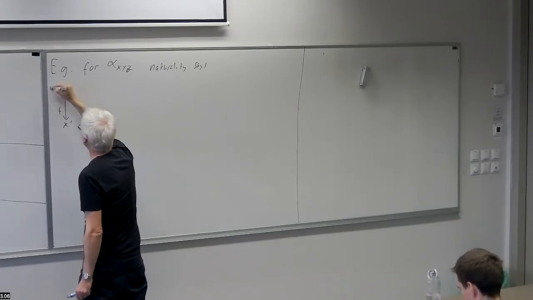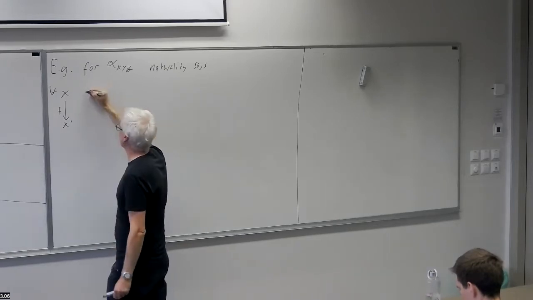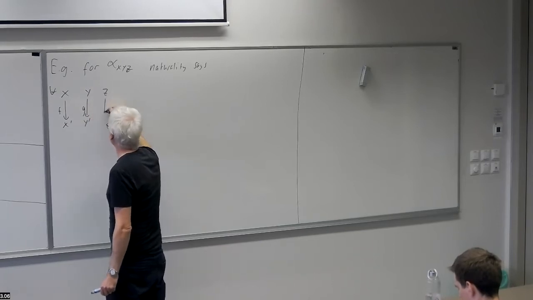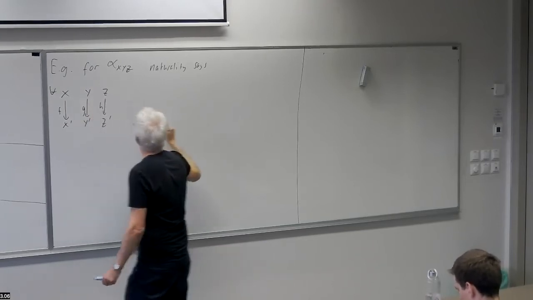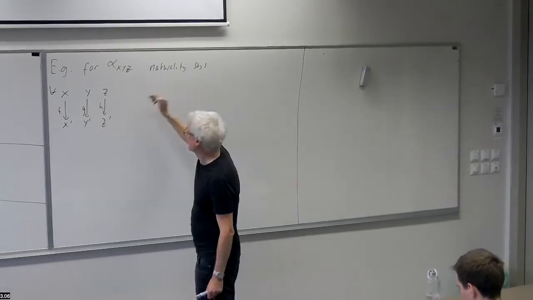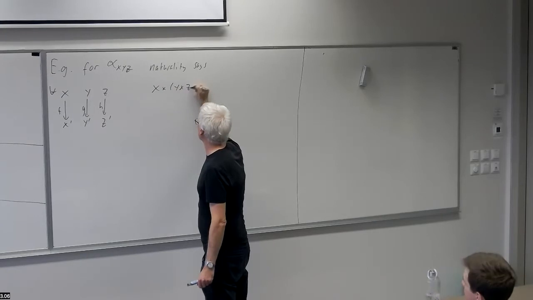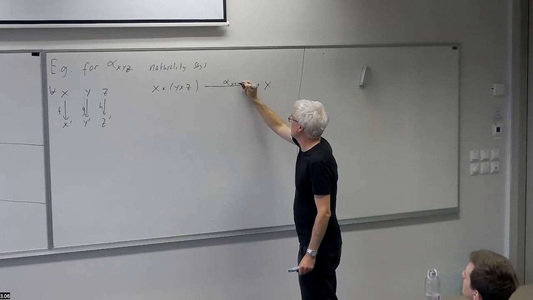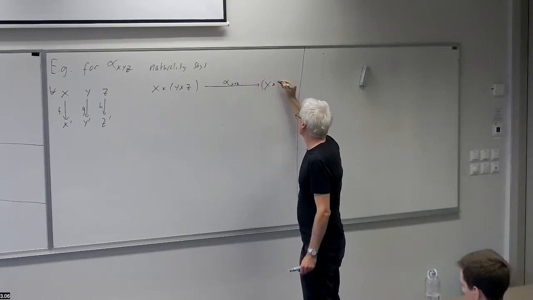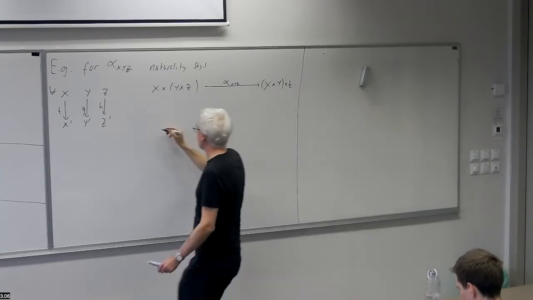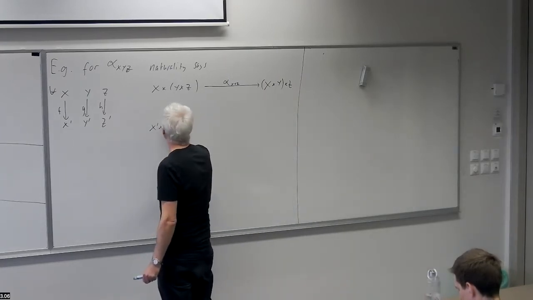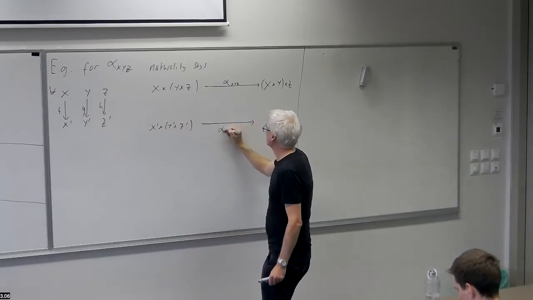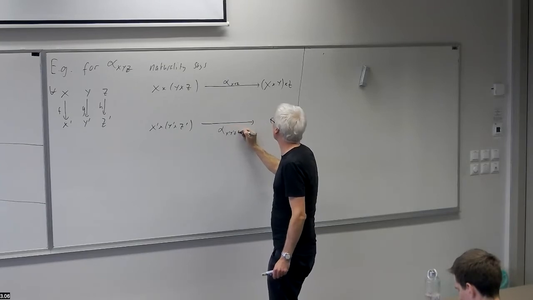So it says for any maps f from x to x prime, g from y to y prime, and h from z to z prime, the diagram that we get: we do alpha x, y, z to x times y times z, and x prime times y prime times z prime here, alpha of x prime, y prime, and z prime.